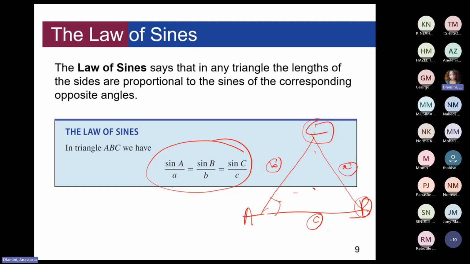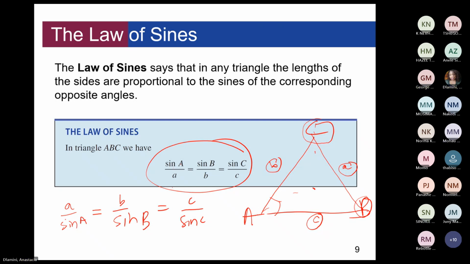This can also be written as a over sine A equals b over sine B equals c over sine C. We can also write the sine rule as follows. Are we all together? Yes, ma'am.